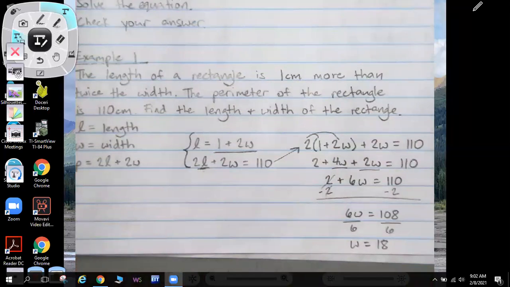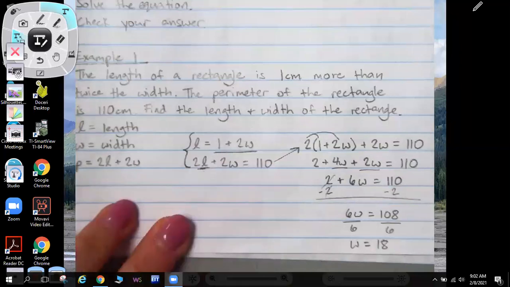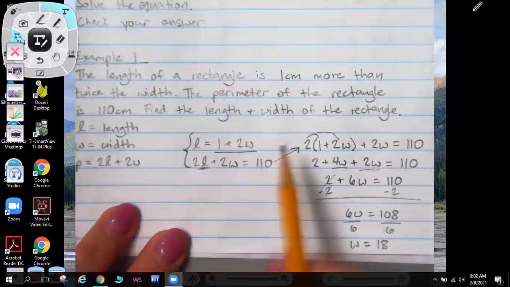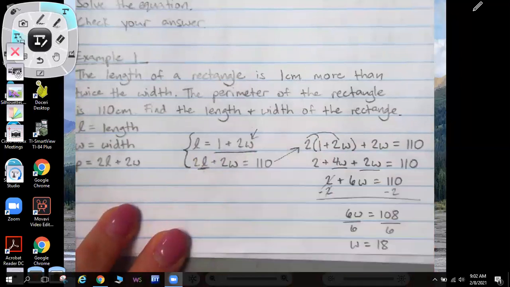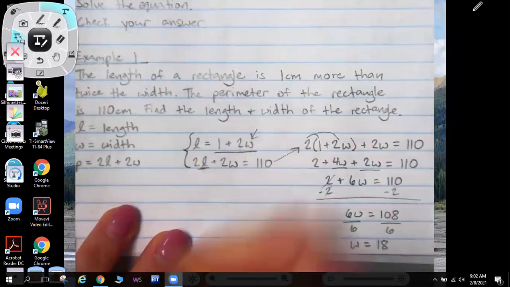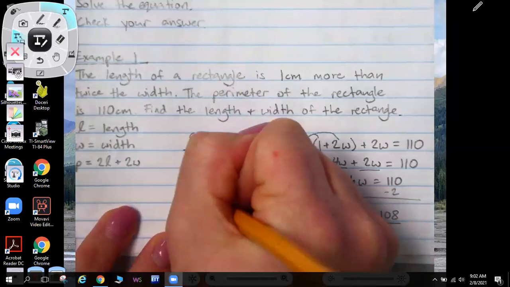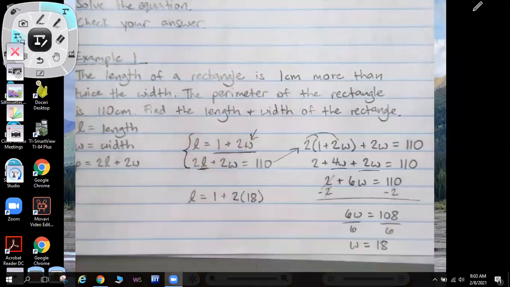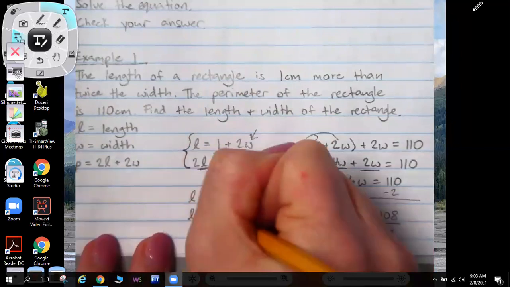Okay, but we weren't asked to just find the width. We were asked to find the length and width. So go back to the first equation we wrote, L equals 1 plus 2W. Now we're going to plug in what we know W is, which is 18. So L equals 1 plus 2 times 18. Well, 2 times 18 is 36, plus 1 is 37.